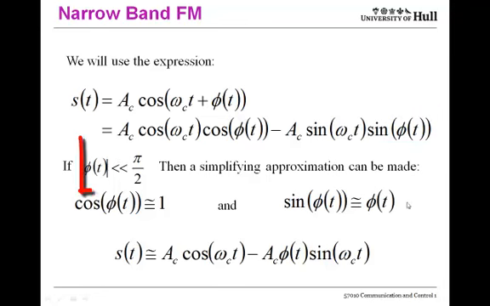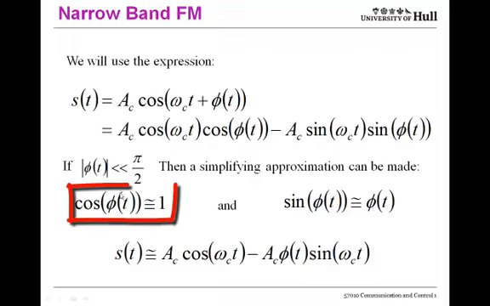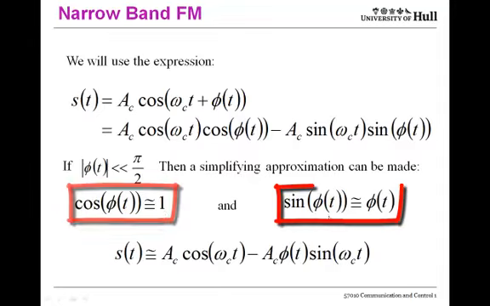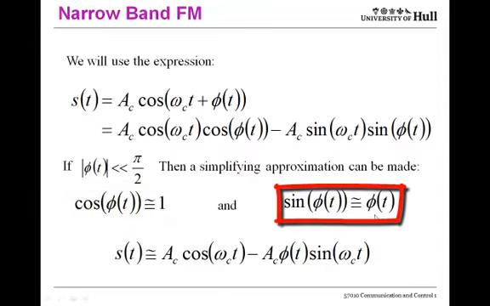Now we're going to make the assumption that our phase phi of t is small compared to pi upon 2 or 90 degrees. Now we can make that happen just by changing our modulation factor. Using our Taylor-Maclaurin expansions, if phi is sufficiently small, then cos of phi is very close to 1, and sine of phi is approximately equal to phi.